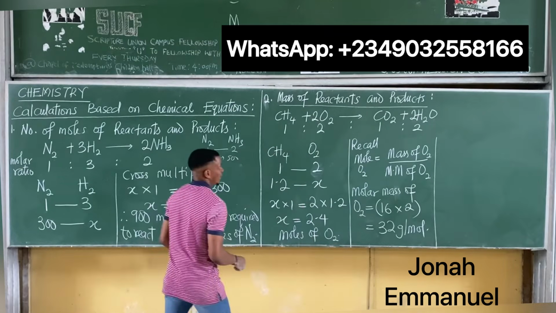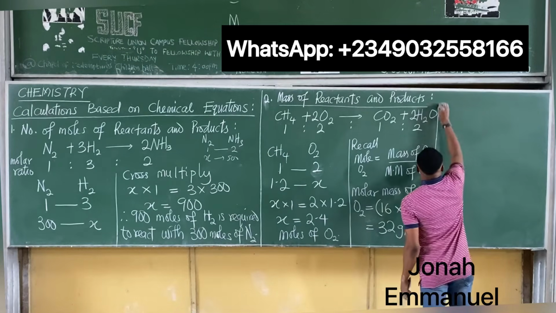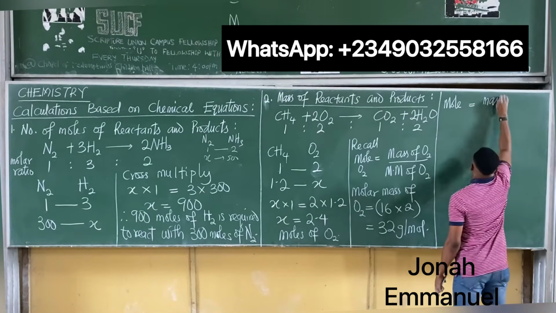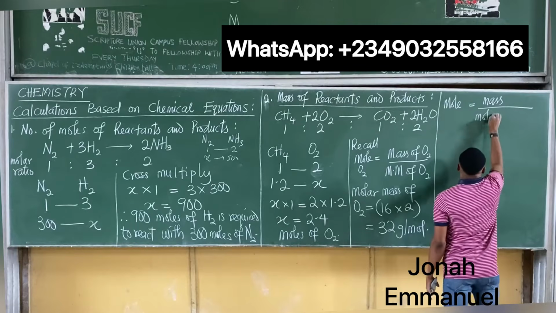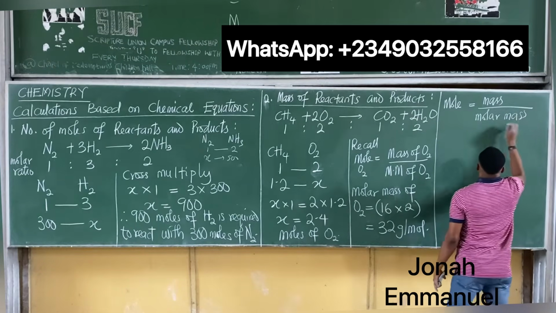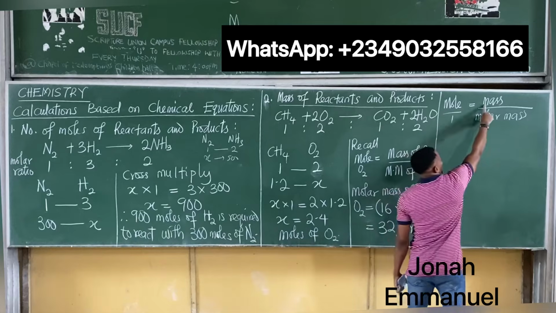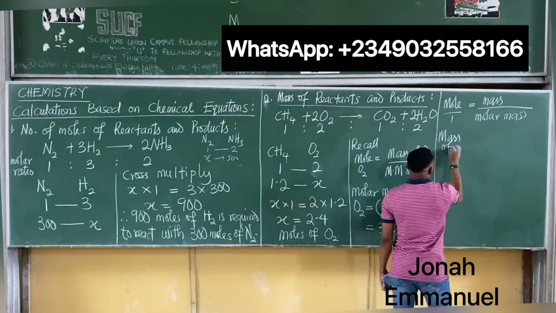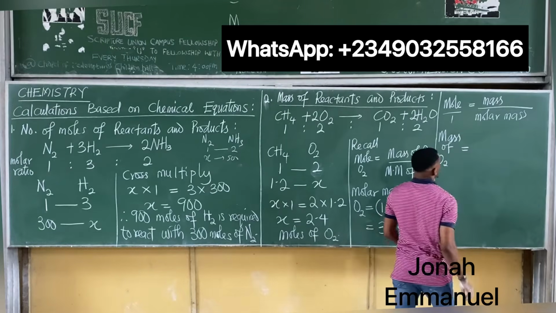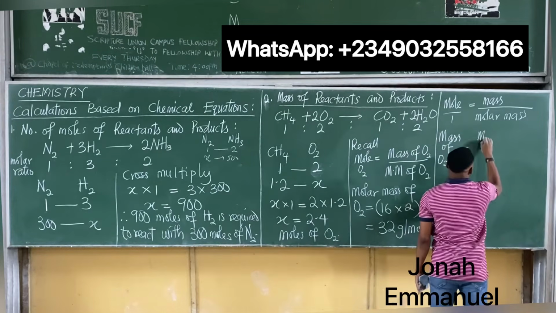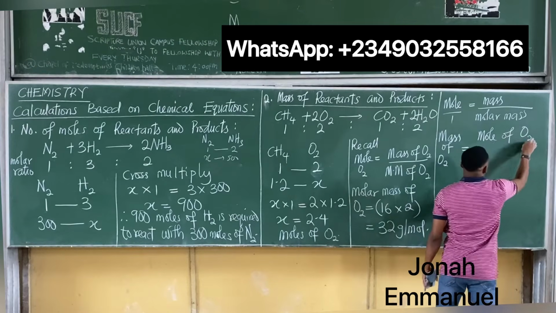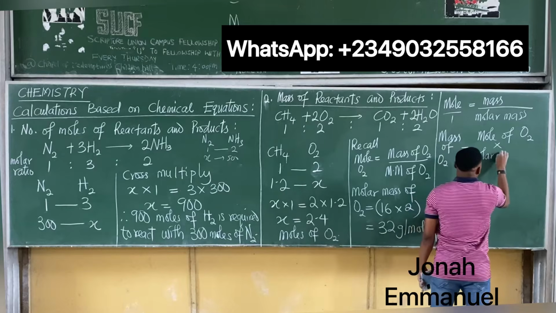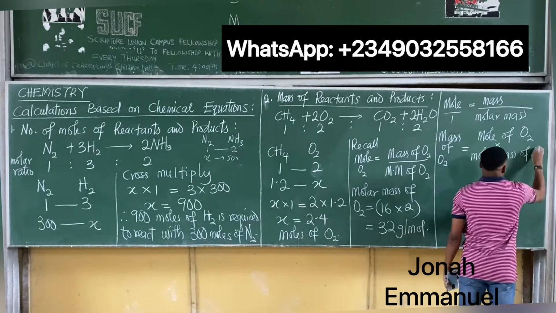Of course, from here we know that mole is equal to mass over molar mass. So look up, please. If I'm to get mass, it becomes mass times 1. That gives you mass. So hence, the mass of oxygen, O2, will be equal to the mole of oxygen times the molar mass of oxygen.